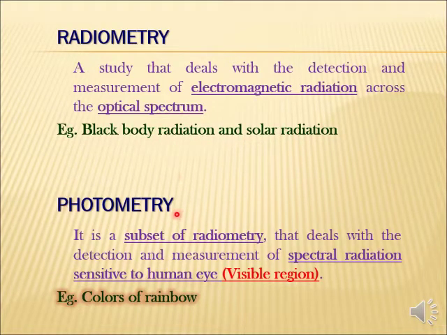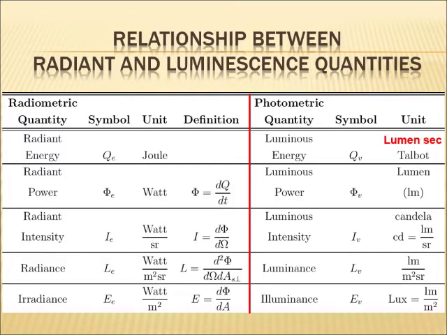Whereas photometry is the subset of radiometry that deals with the detection and measurement of spectral radiation which is sensitive or visible to the human eye. Example, colors of the rainbow. The parameters used to measure the radiometric quantity are called radiant quantities, and the parameters used to measure the photometric quantity are called luminous quantities.